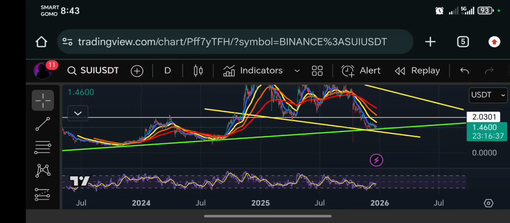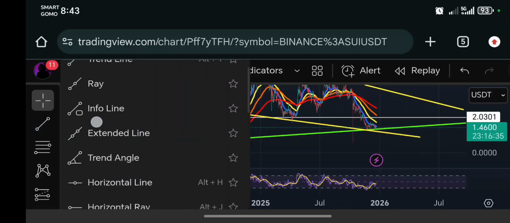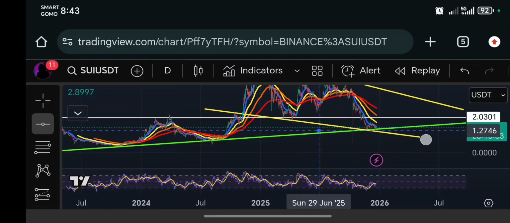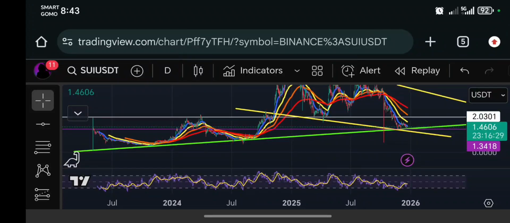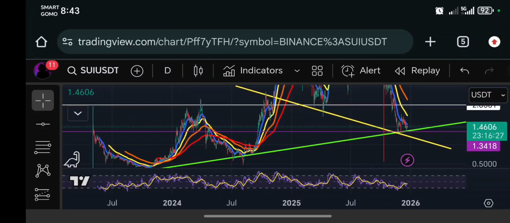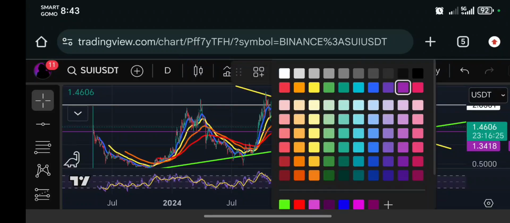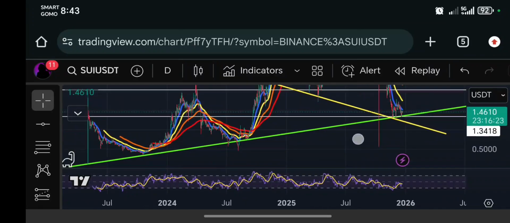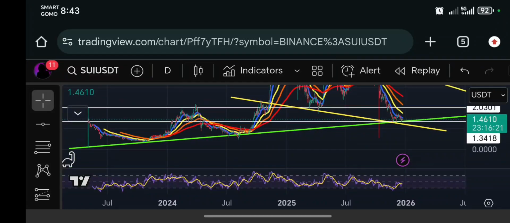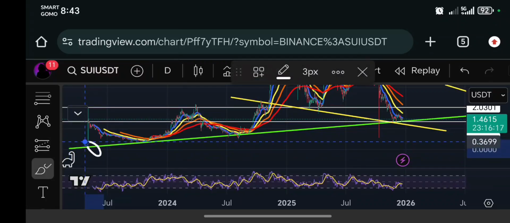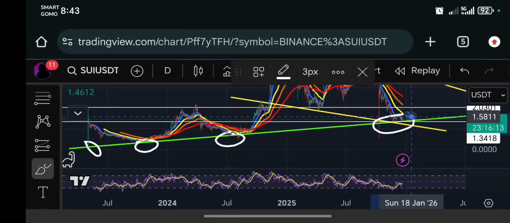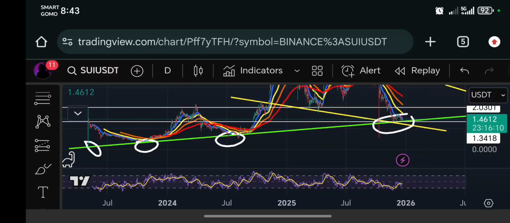Okay, there you go. As you all can see, this one is a nice trend line for Sui. Look how beautiful touches there, and there, and now here we are right now.